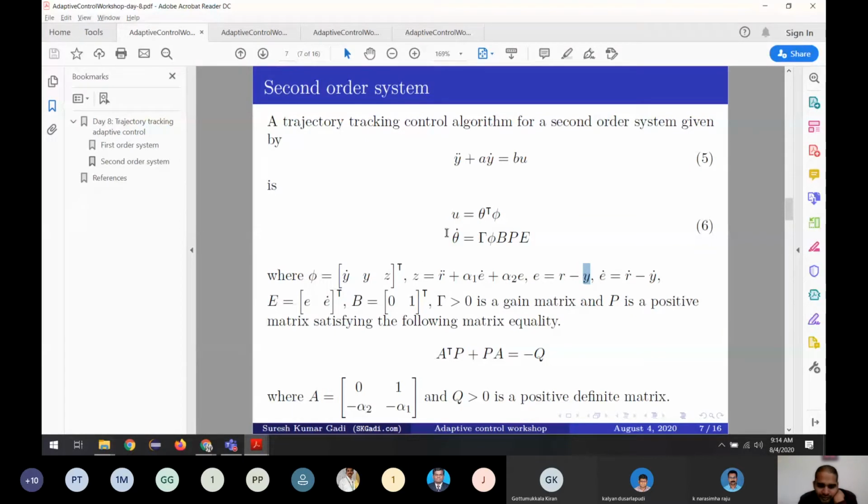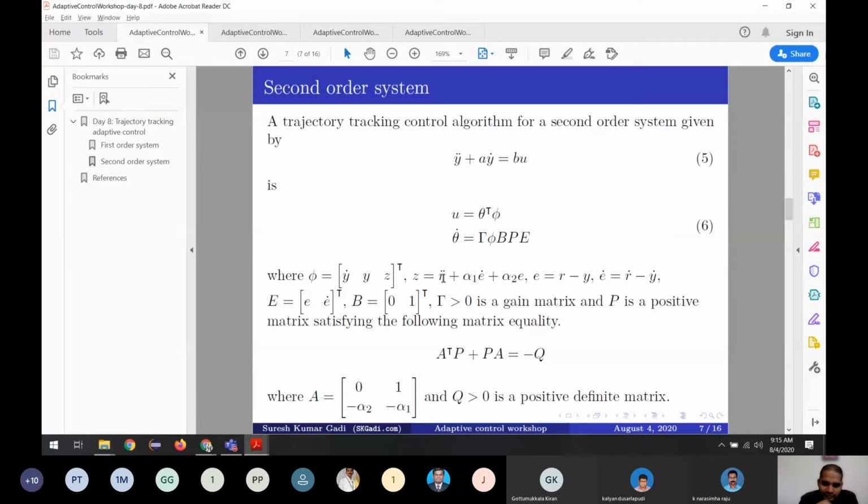We know all the terms except P. Before going to P, let us see what phi is. Phi is given by y dot, y and z. This is a vector of 3 rows. What is z? We are defining z in terms of r double dot.